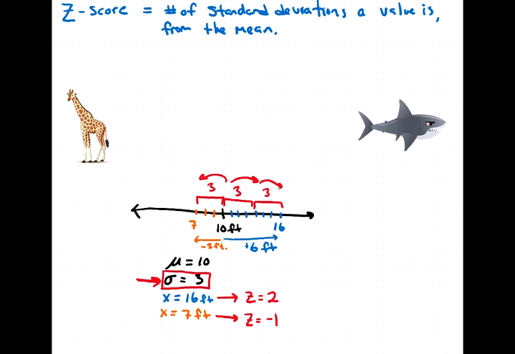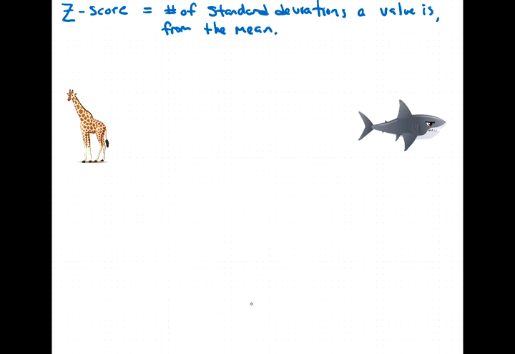Okay, so I'm going to erase this. This was just a little side work to sort of explain the z-score. I want to talk about giraffes and sharks. So let's start off with a little bit of information about each. Let's say the average height of an adult giraffe is 16.3 feet. Now, I looked this up on the internet.